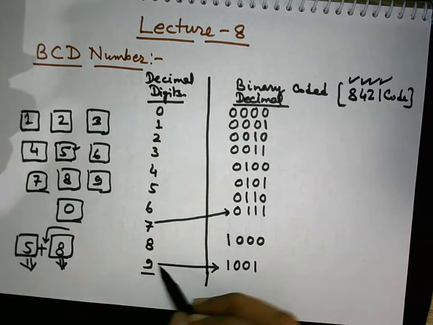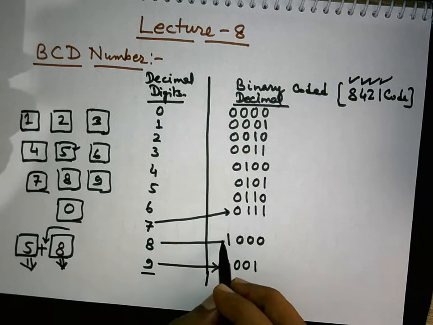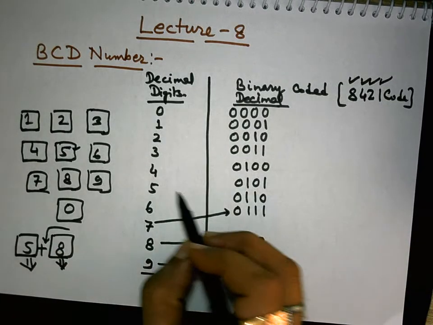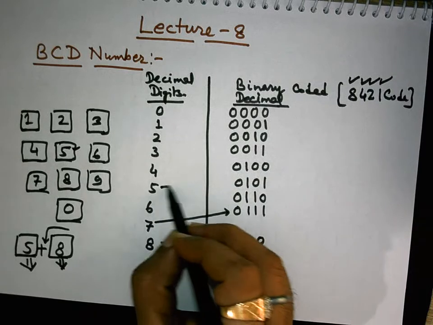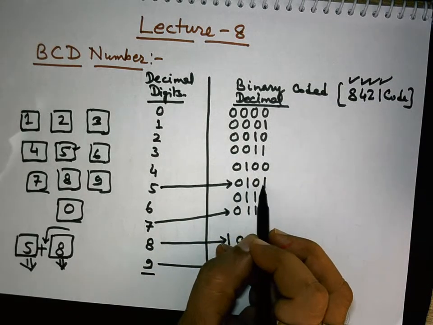So as and when we push 8 on our keyboard, it accepts 1 0 0 0, and when we push 5, it accepts 0 1 0 1.